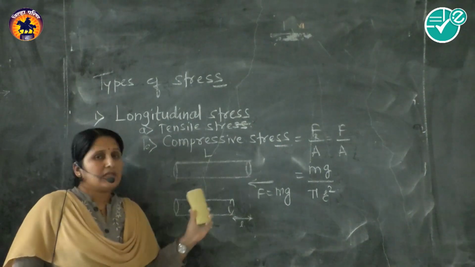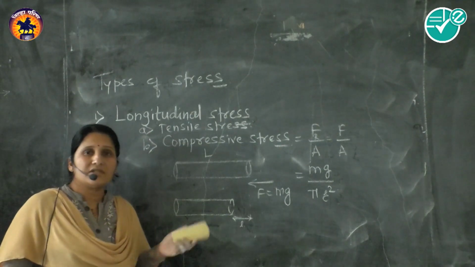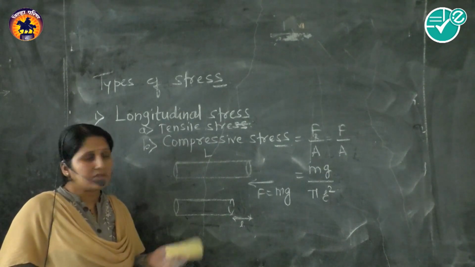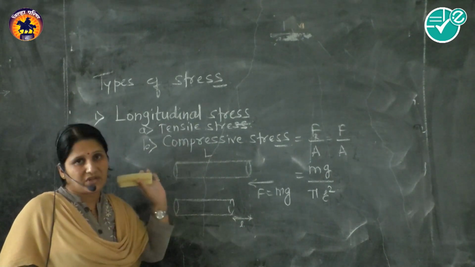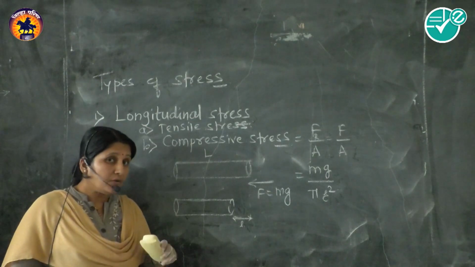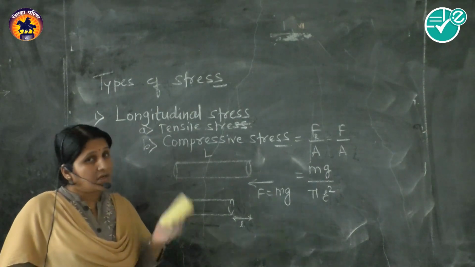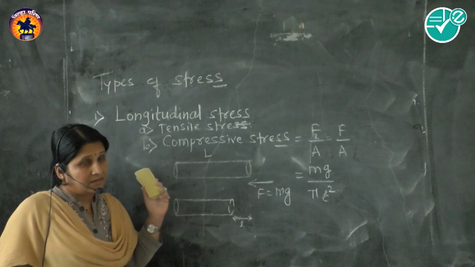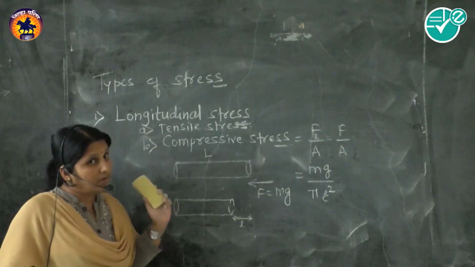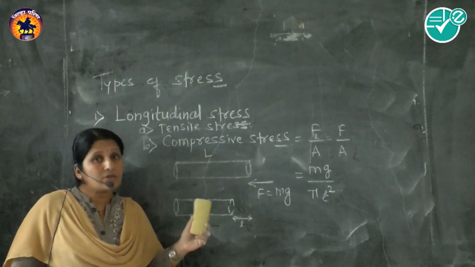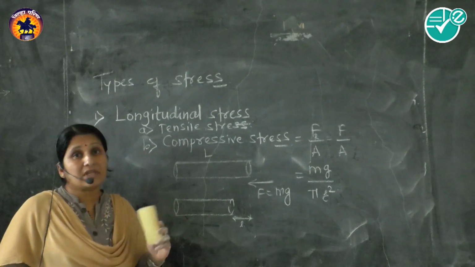So SI unit of this is again Newton per meter square, CGS unit is dyne per centimeter square, dimensions are same as stress there. Actually again I have to tell one thing here. Originally we studied stress. What is stress? And here we studied longitudinal stress. So stress is not a vector, it is not a scalar.